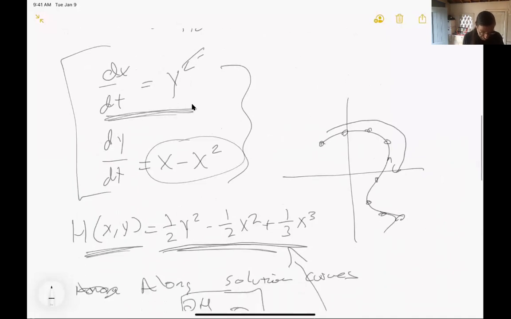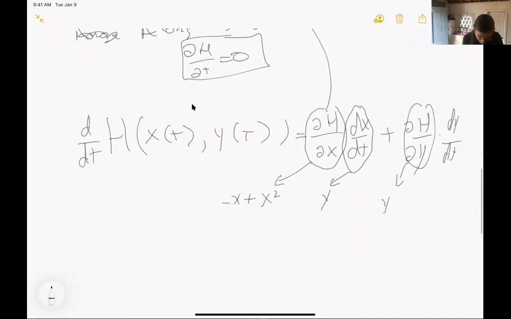It's x minus x squared. So we have minus x plus x squared times y plus x minus x squared times y. The term in parentheses on the left is the negative of the term in parentheses on the right, so these just cancel and give us 0.